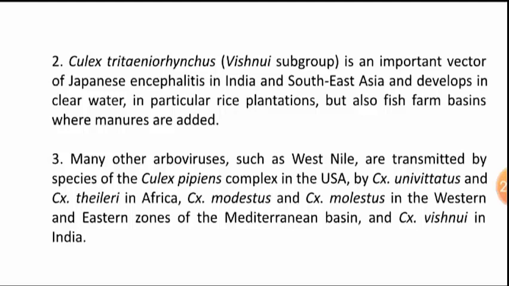Many other arboviruses such as West Nile are transmitted by species of Culex pipiens complex in the USA and Culex univittatus in Africa, Culex modestus and molestus in the western and eastern zones of the Mediterranean basin, and Culex vishnui in India.